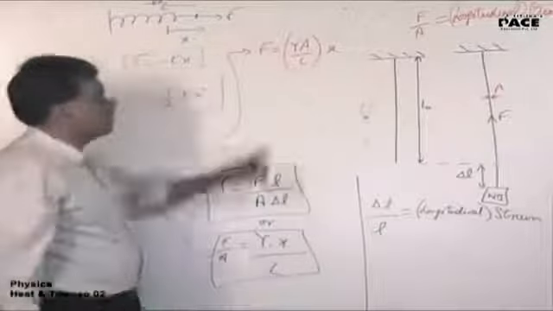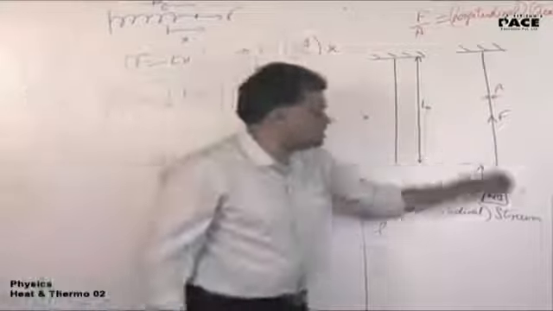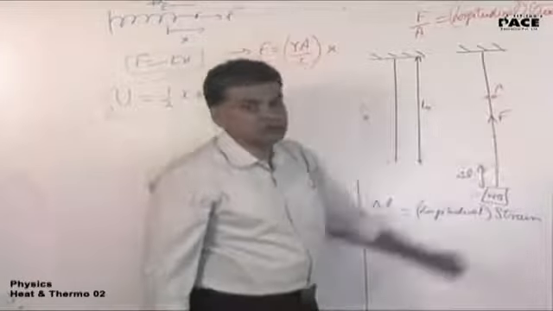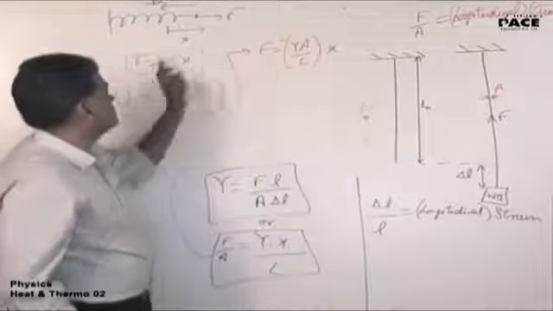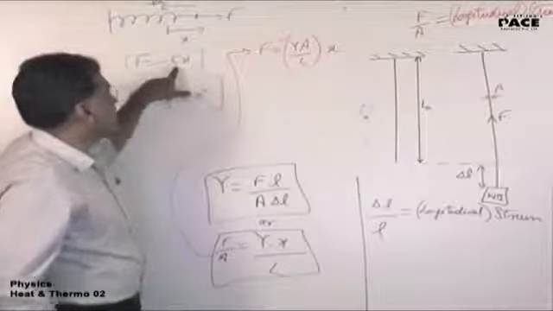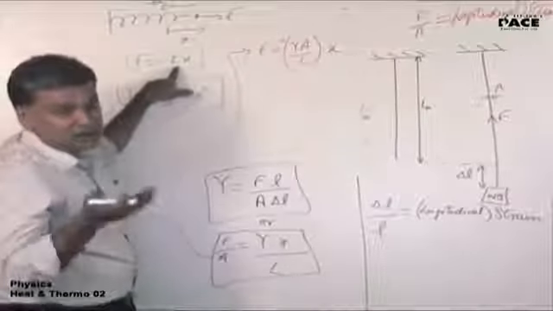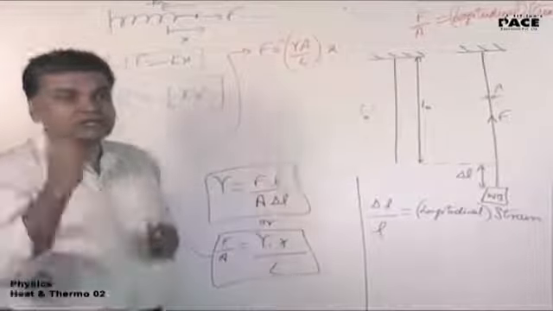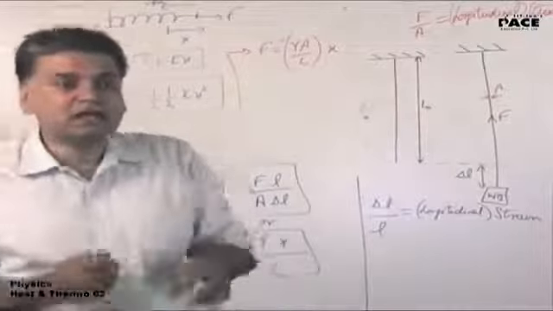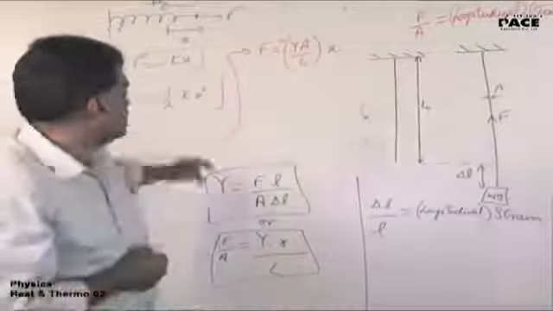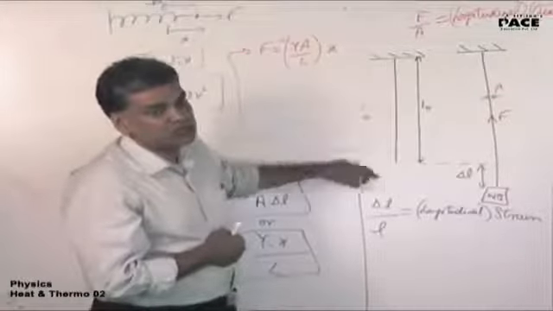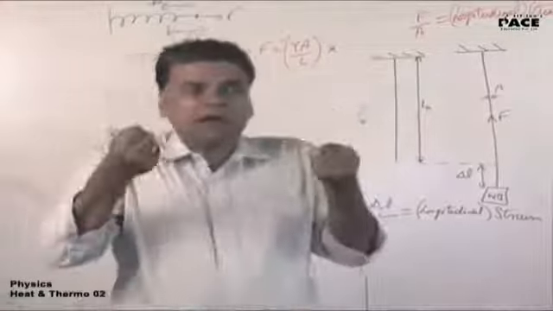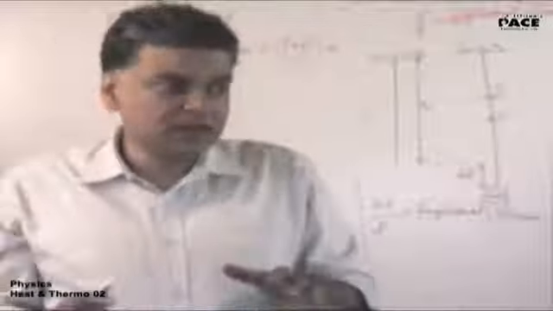If I want, I can put a negative sign showing that extension is downwards and restoring force is upwards, so a negative sign is also not out of place. Now if you compare these two, YA by L looks like k, and rather it is k. In a spring you can see the spirals, and here it is like molecular springs. In this wire you don't see the spirals, but think of them as molecular springs, and all the molecules are trying to pull it back.